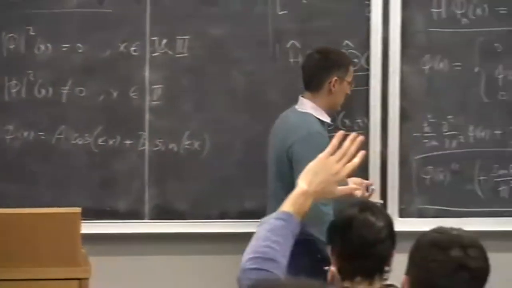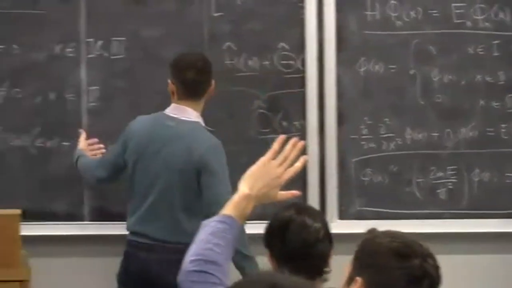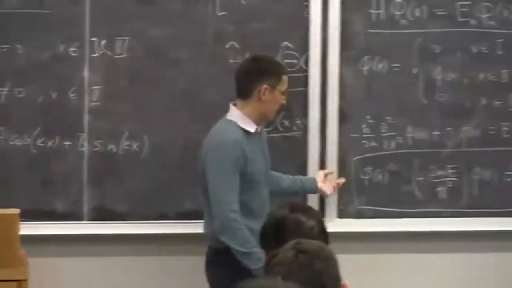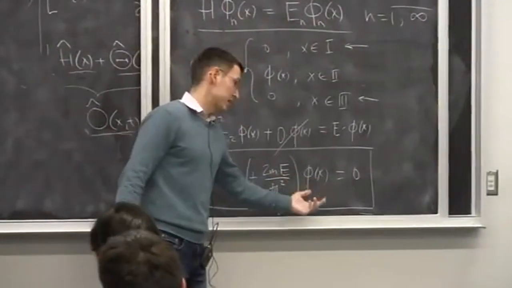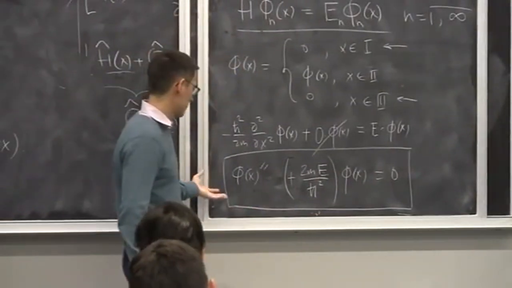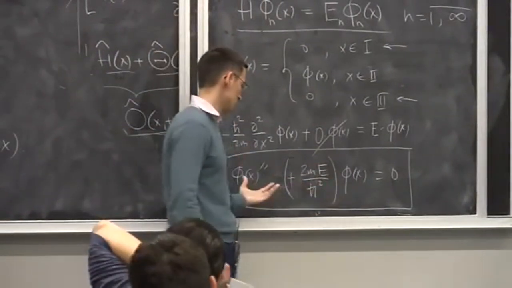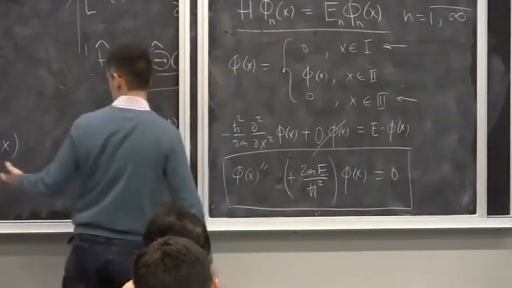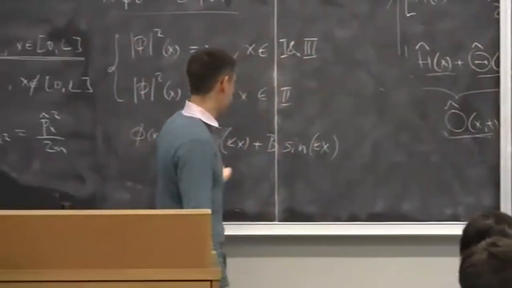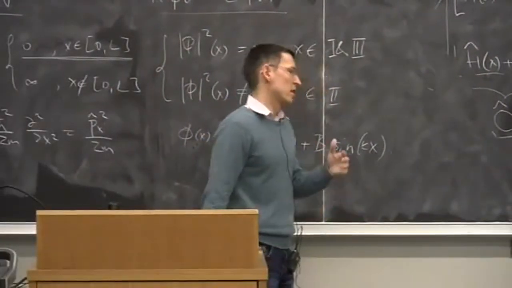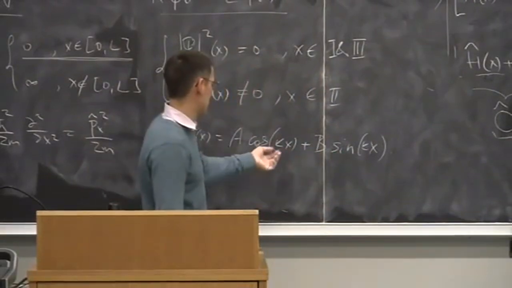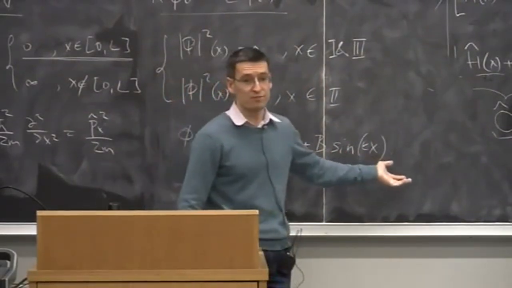And then you will get some constants, and here there will also be sine and cosine, and what this equation will produce if you substitute the function by a linear combination of sine and cosine is an equation on essentially the coefficients. Okay.